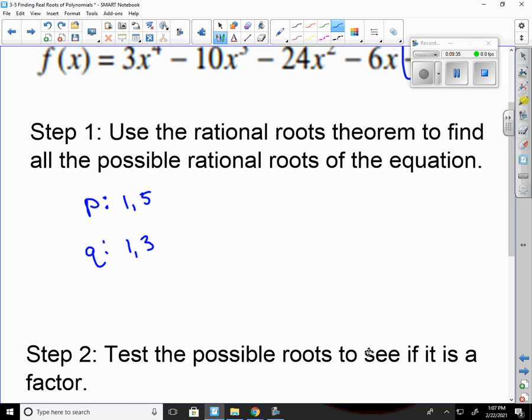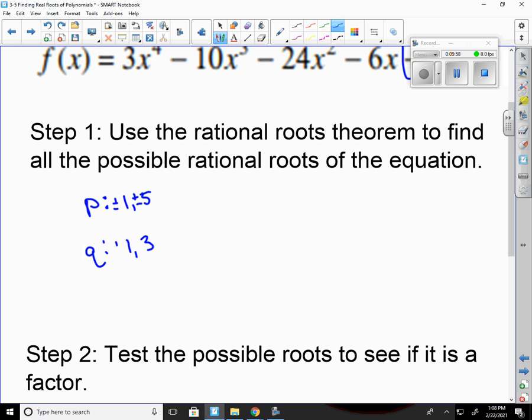Step 2, test the possible roots to see if it's a factor. So I found my p and I found my q, but remember we're looking for p over q. Additionally, it could be a plus or minus 1 and a plus or minus 5, because -1 times -5 gives us +5, which is what our p was.